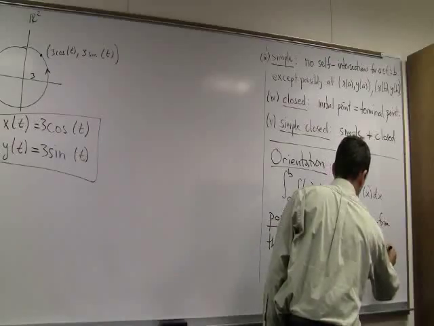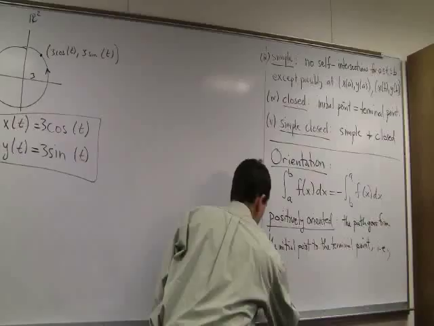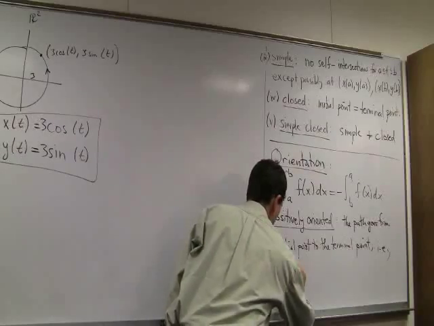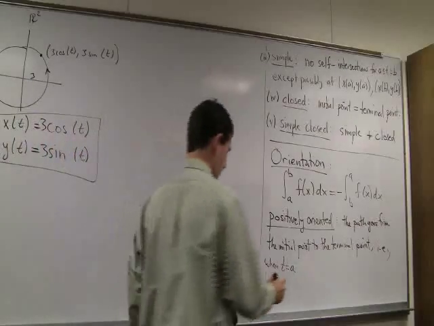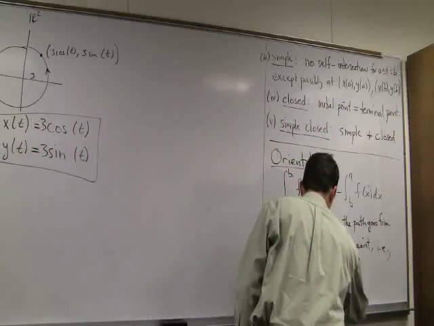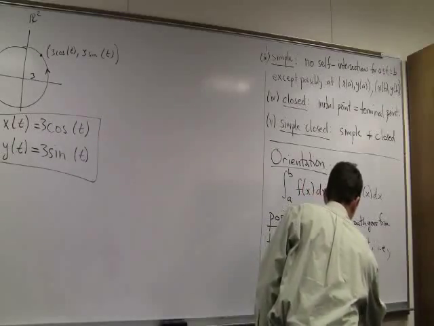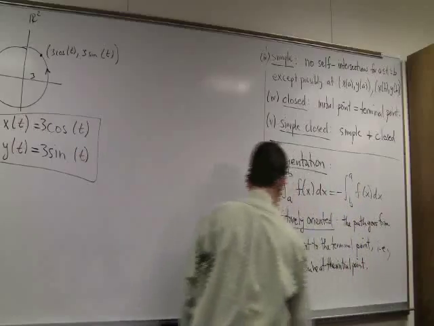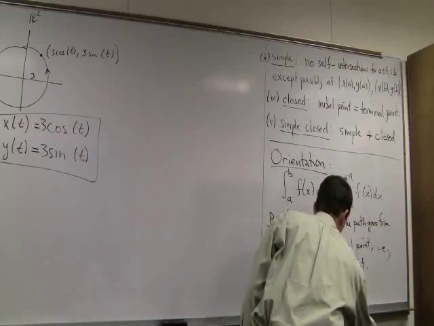Okay, so in other words, when t equals a, you're at the initial point. And when t equals b, you're at the terminal point.